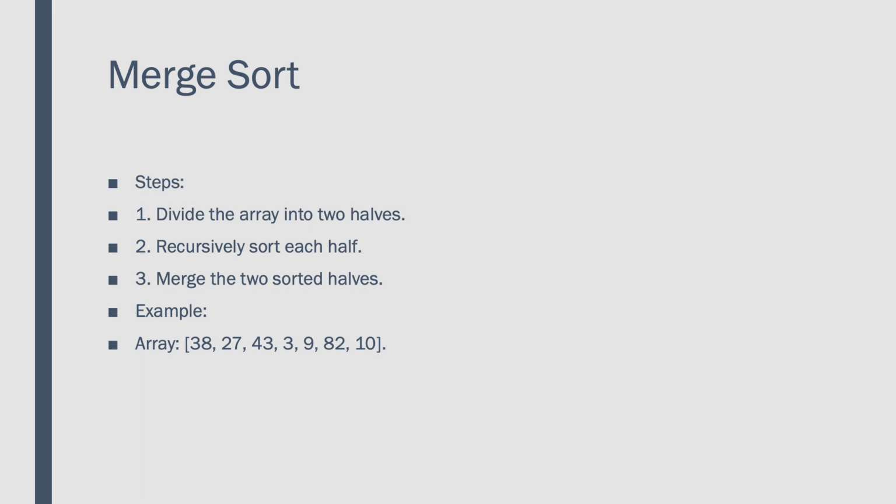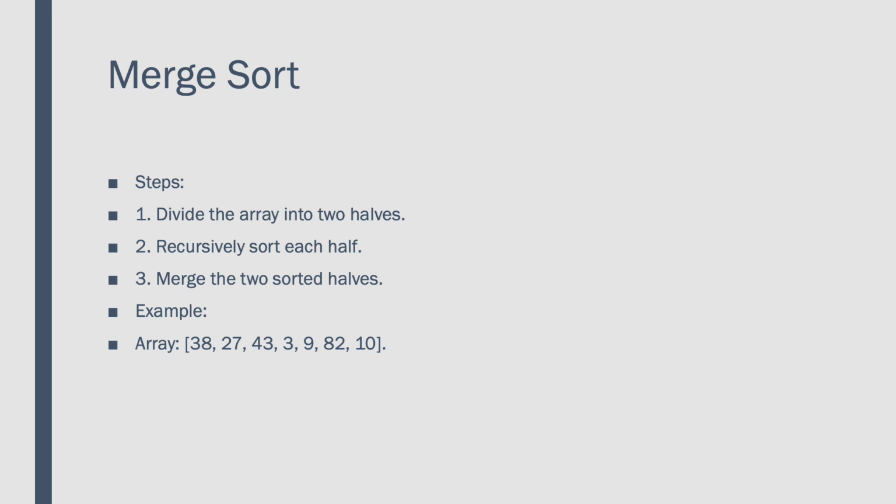So let's see an example. We have this array: 38, 27, 43, 3, 9, 82, 10. Now if we divide it, it will split into two halves. The first half, the left side, can have 38, 27, 43, and the other half, the right side, can have the elements 3, 9, 82, 10.